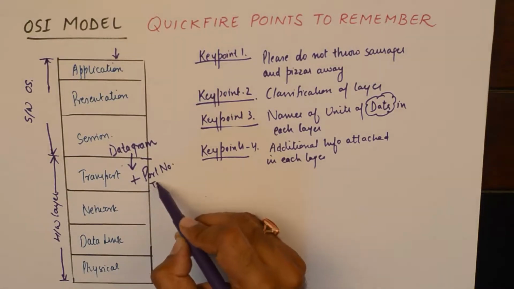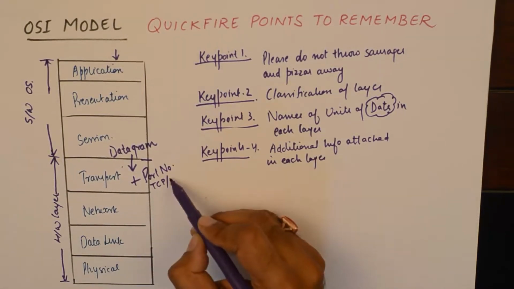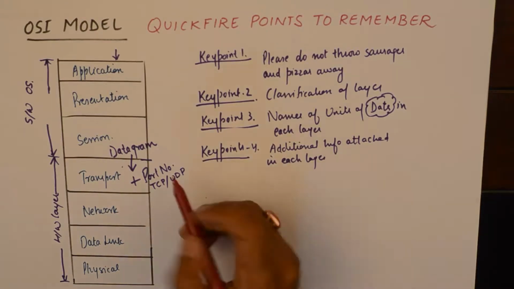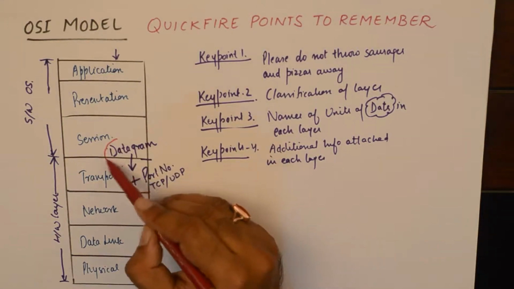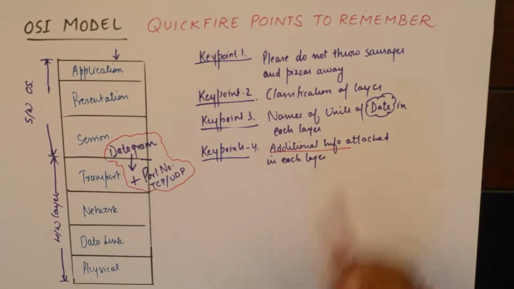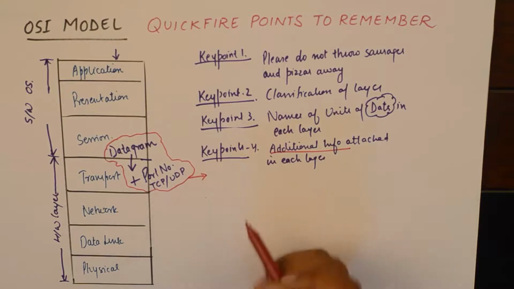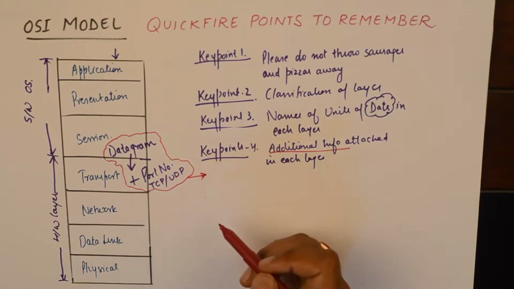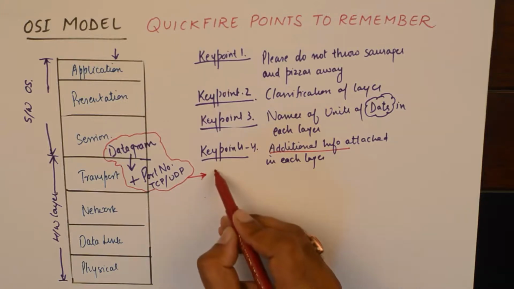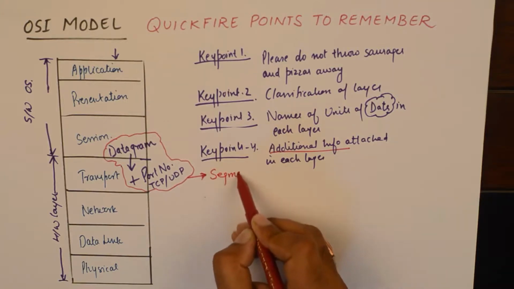It will specify whether it's a TCP based protocol or a UDP based protocol, a connection oriented or connectionless. So this additional info will result in a unit known as segment.